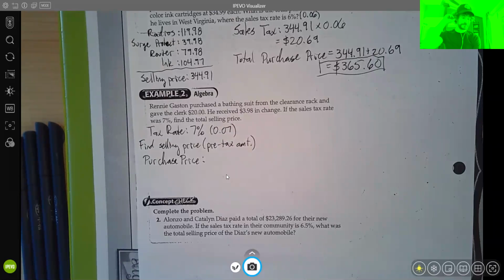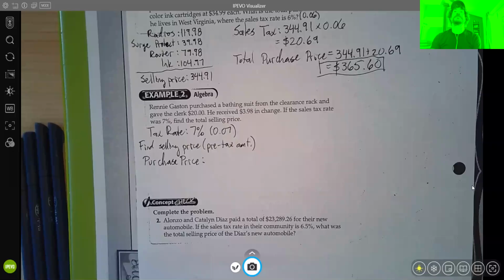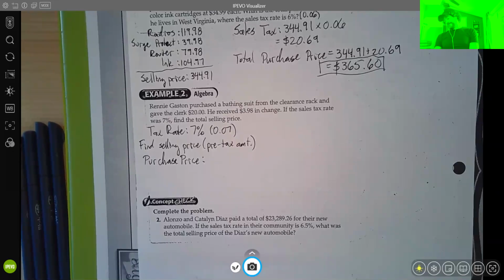Anybody? So if you pay for something using a $20 bill and you get $3.98 back in change, how much did you pay for that thing?